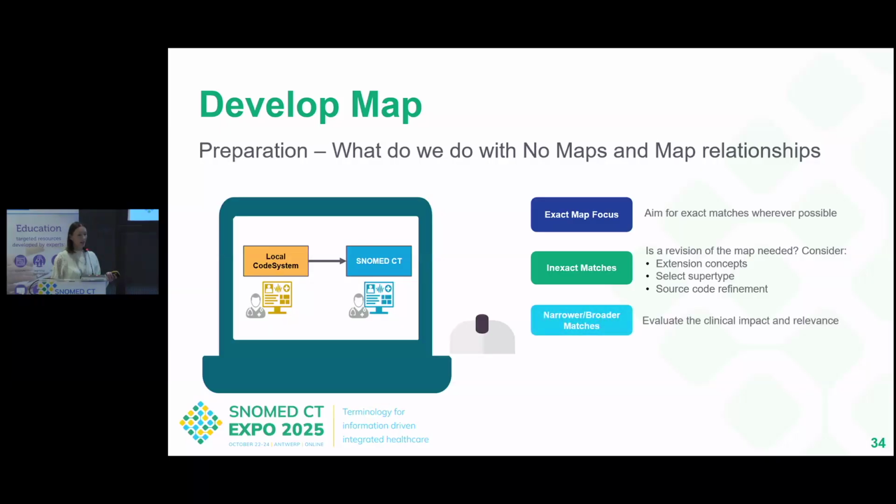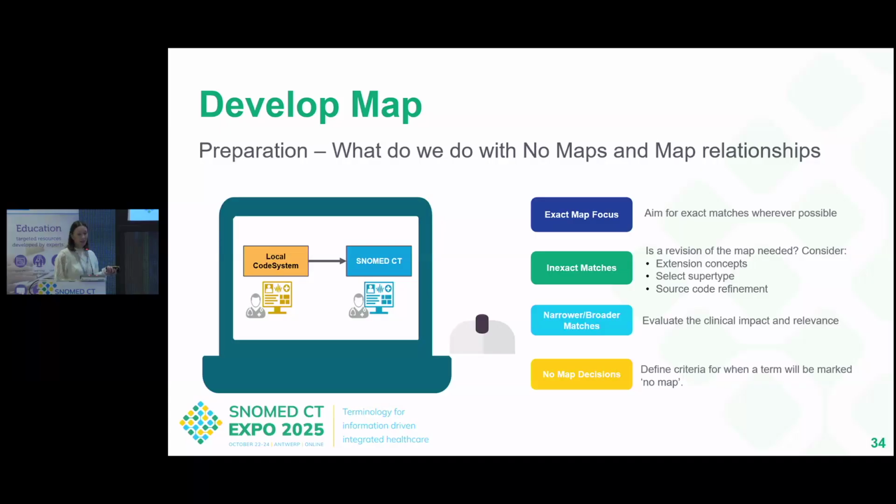Okay. And I think we've sort of covered what a narrower or broader map is, and this is where you need to really evaluate the clinical impact of which way you choose to go and the relevance of this and how it might impact the data that you want to retrieve for what you're going to use the map for. And then no map decisions.